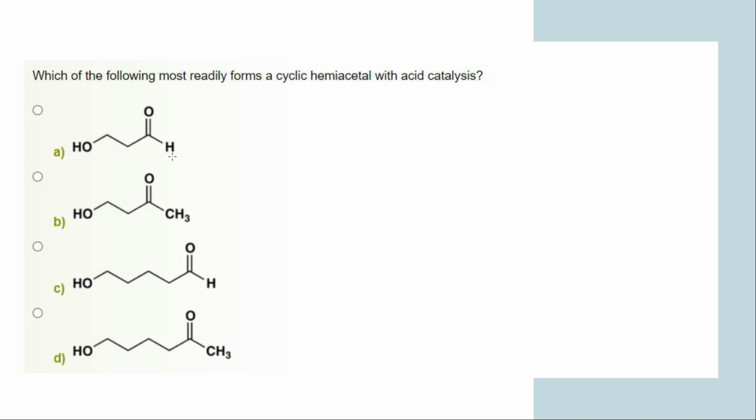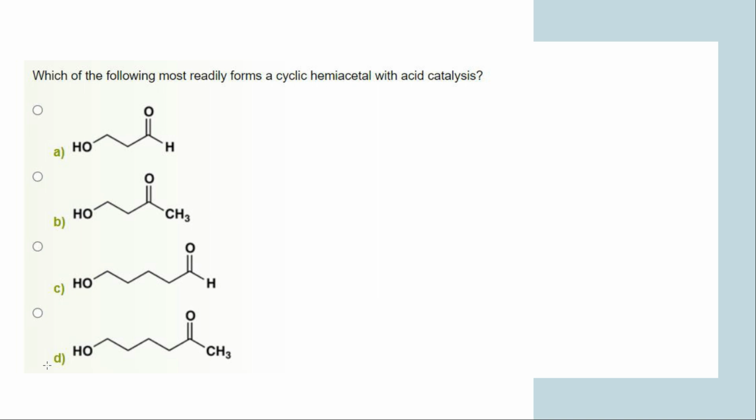Which of the following most readily forms a cyclic hemiacetal with acid catalysis? You are given here 4 options, out of which 2 are aldehydes and 2 of these are ketones. When it comes to cyclic hemiacetal formation, aldehydes are more reactive than ketones.